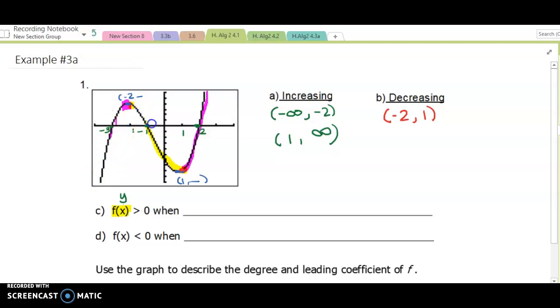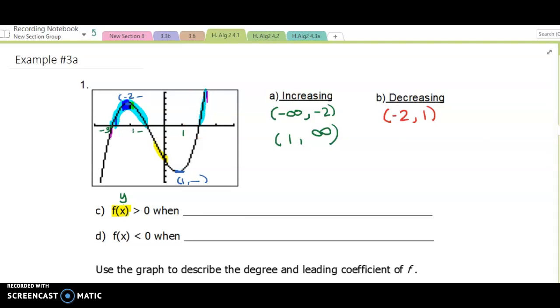Let me get rid of this highlighted stuff. Now, we want to find when the y value is greater than 0. Notice the y value is greater than 0 from here to here. All these y values are greater than 0, and once again up here. Remember, the y value is greater than 0 when we're above the x-axis.